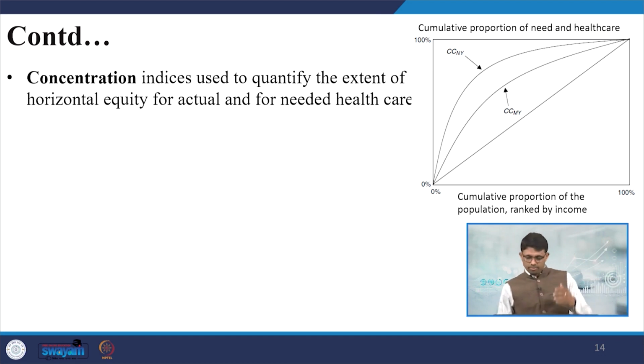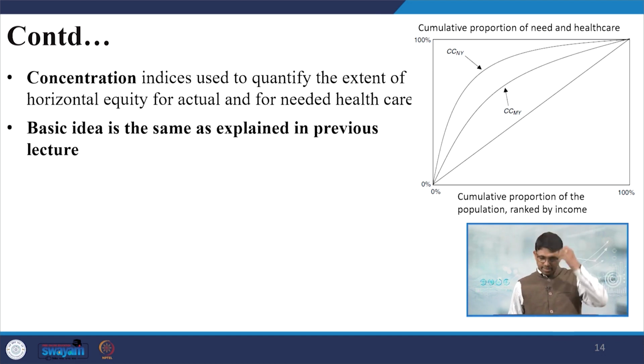When we map it, we find it. We used these terms, MY and NY, in the last lecture. It was on the need, out of the income, or specifically for healthcare out of their income.